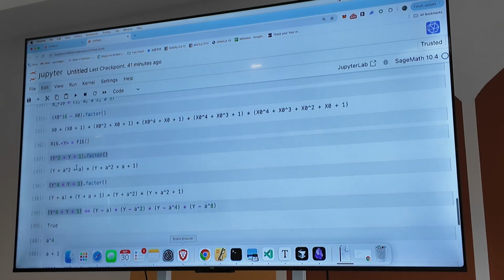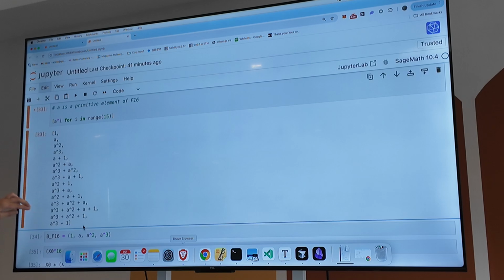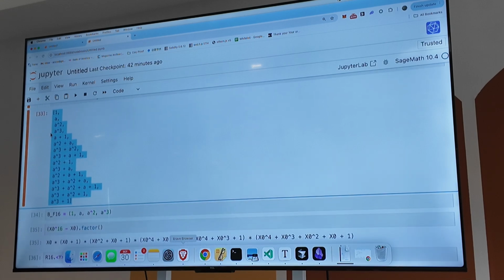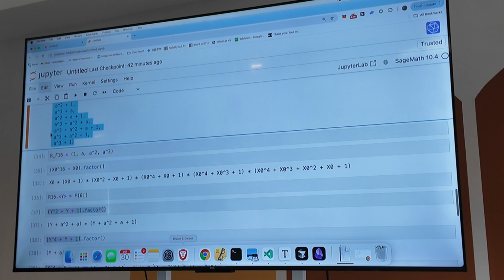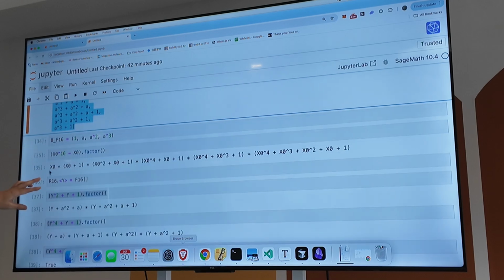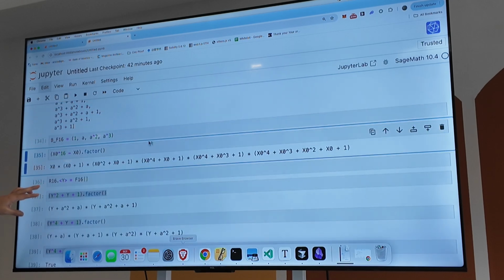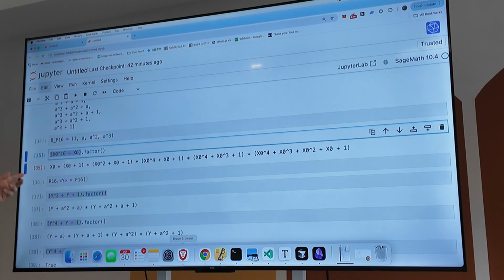So when we list all the F16 elements here, we can calculate the minimal polynomial for each element to identify where they come from. And if we multiply all these irreducible polynomials together, we have this universal polynomial. All roots of this universal polynomial form F16.